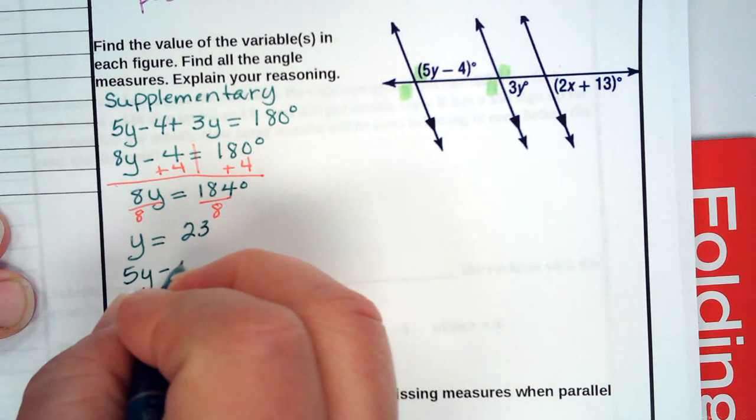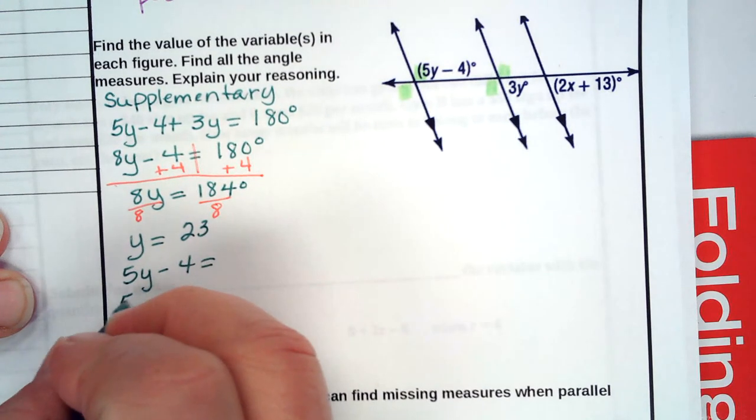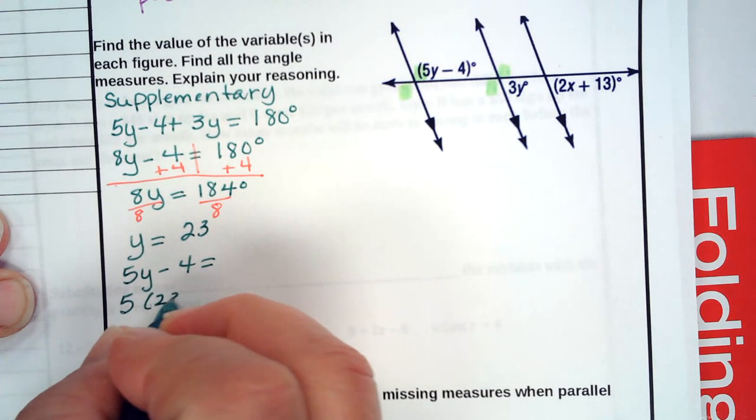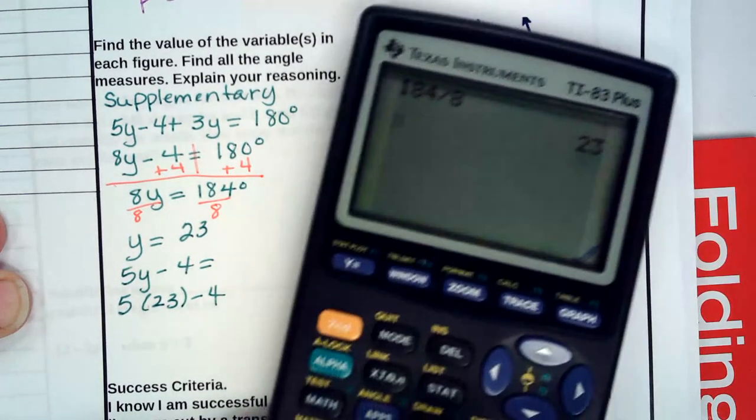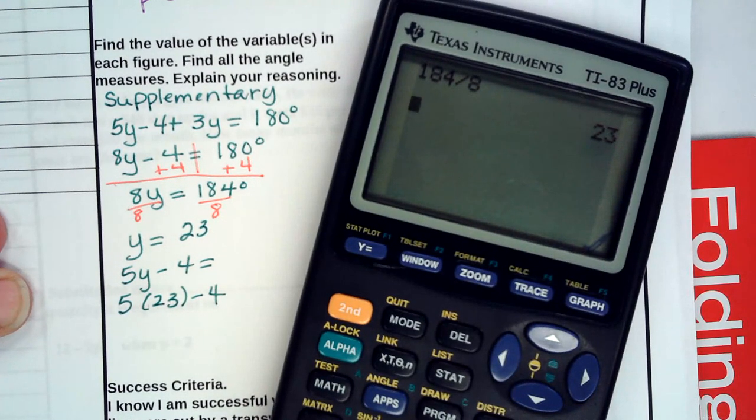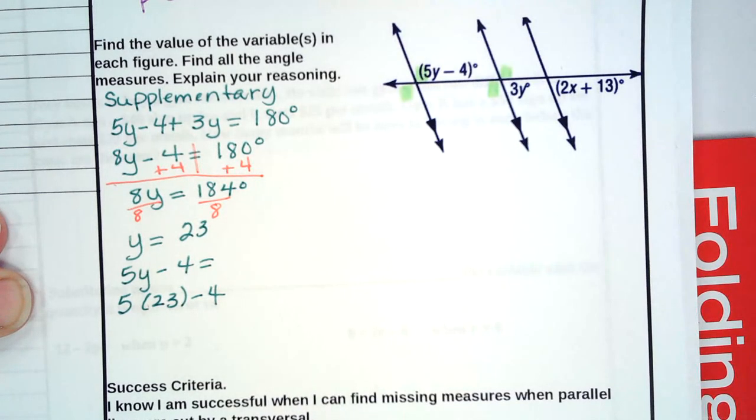5y minus 4. 5 times 23 minus 4. Once again, for speedy's sake, 5 times 23 minus 4, and I'm given 111.